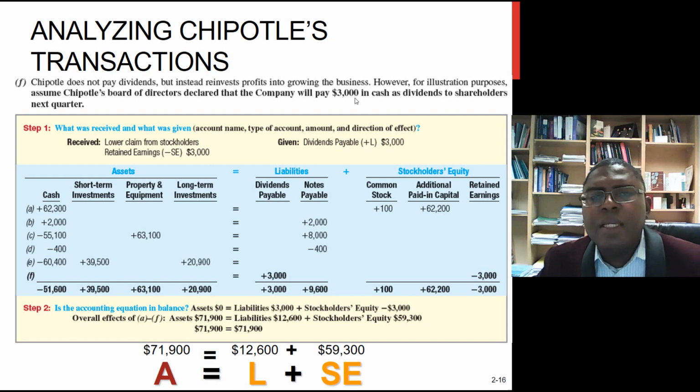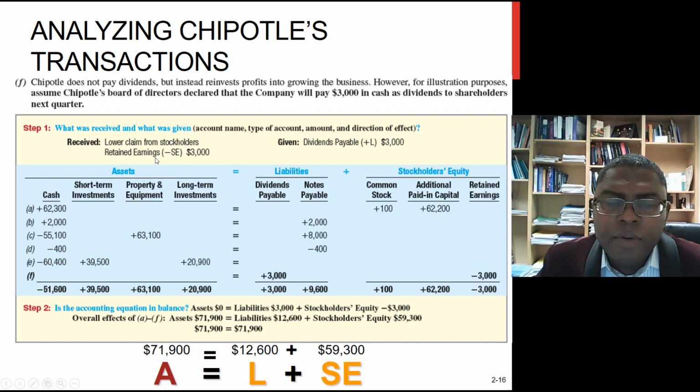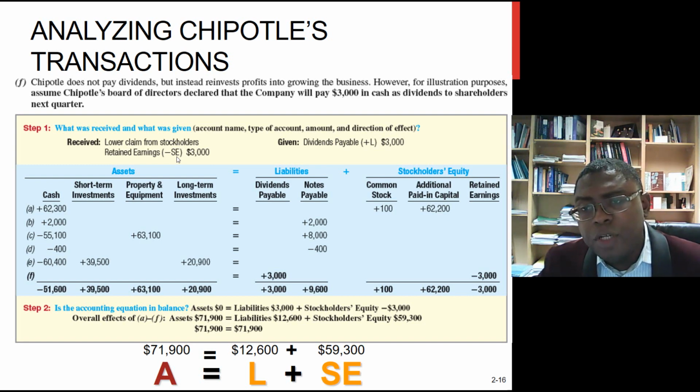Two accounts are being affected. Retained earnings is going to reduce. Retained earnings is a stockholders' equity account. Money is going to come out from retained earnings as distribution to shareholders, dividend distribution. So retained earnings is going to be affected, and dividend payable is also going to be affected.